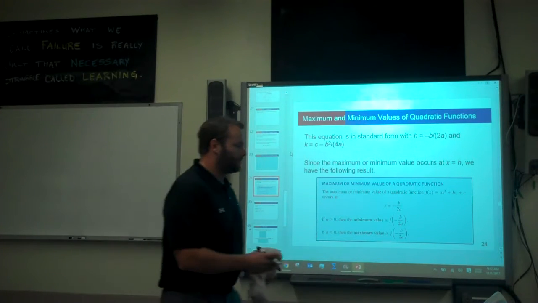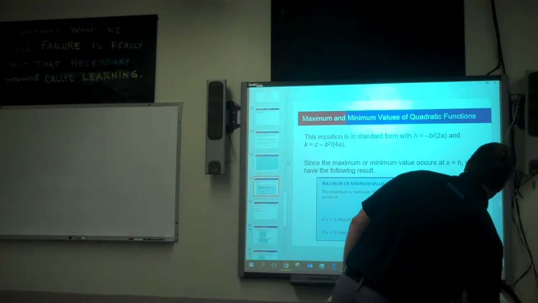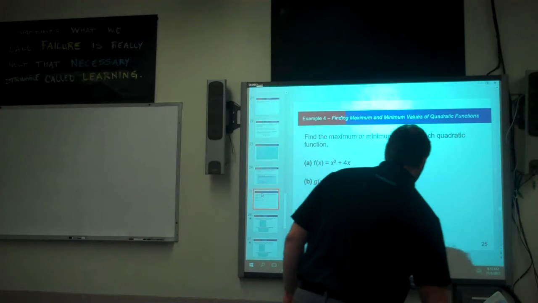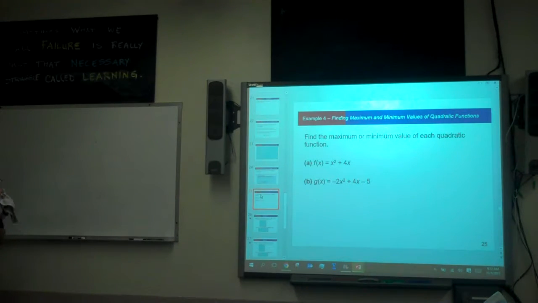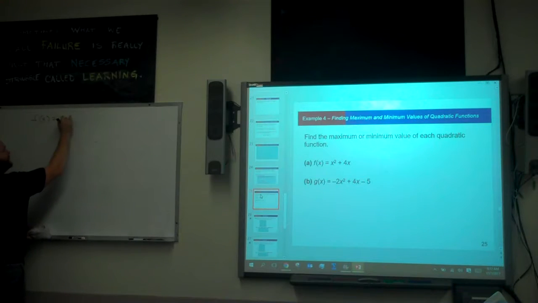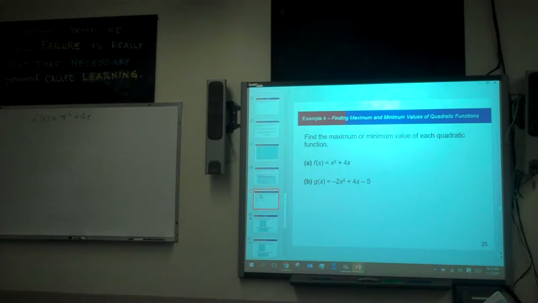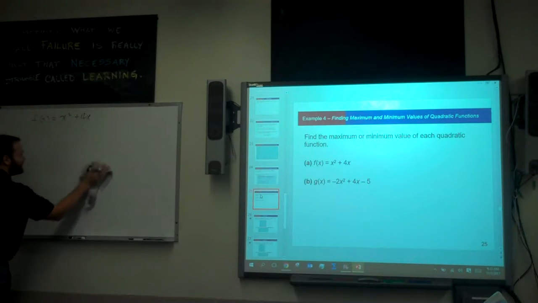I want to go through a couple of simple problems where it just says, here's a function, find the maximum or minimum. So let's do the first one: f of x is equal to x squared plus 4x. Just finding the maximum or minimum, finding the vertex.